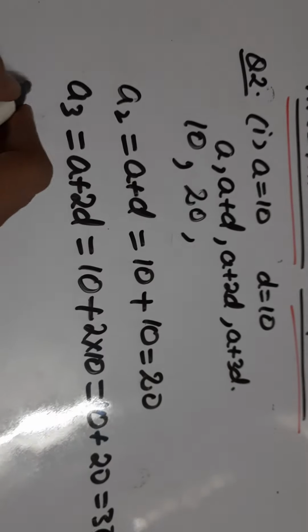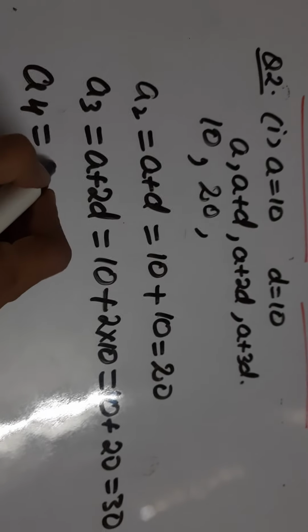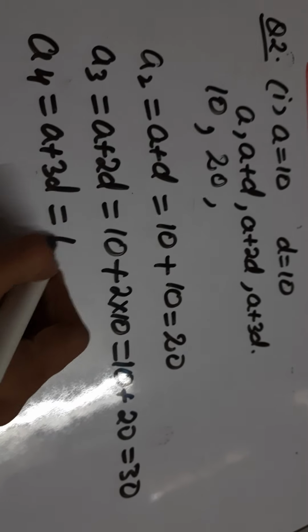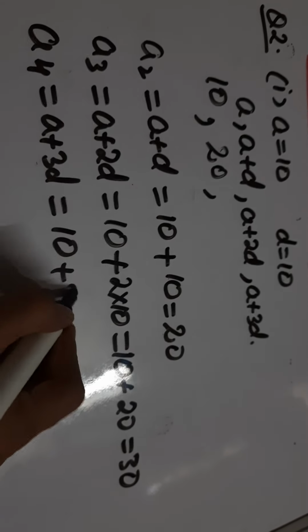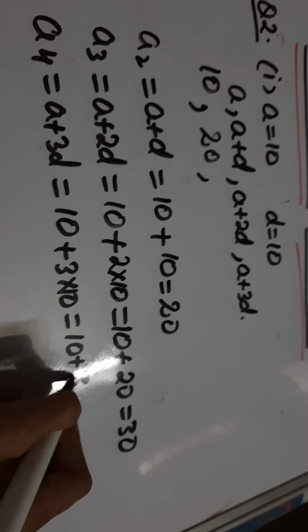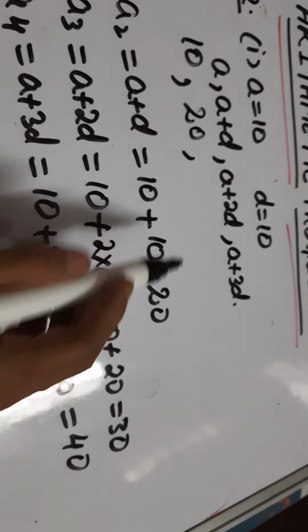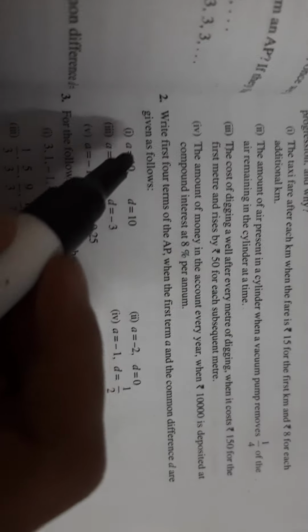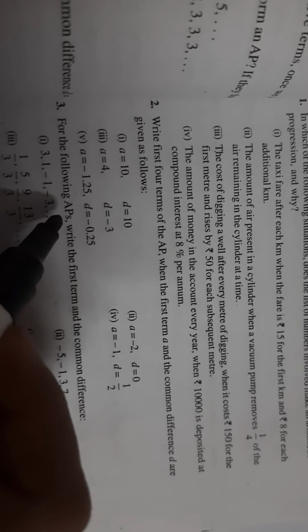Now the fourth term a4 is equal to a plus 3d. So a is 10 plus 3 into 10, 10 plus 30 is equal to 40. So in this way you'll get the first 4 terms: 10, 20, 30, 40.